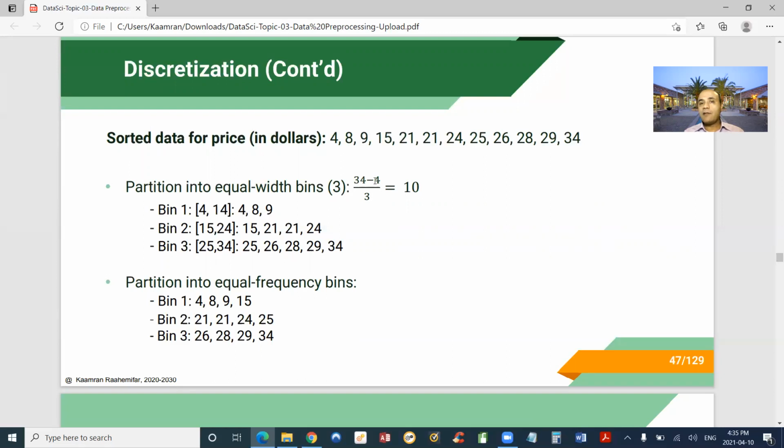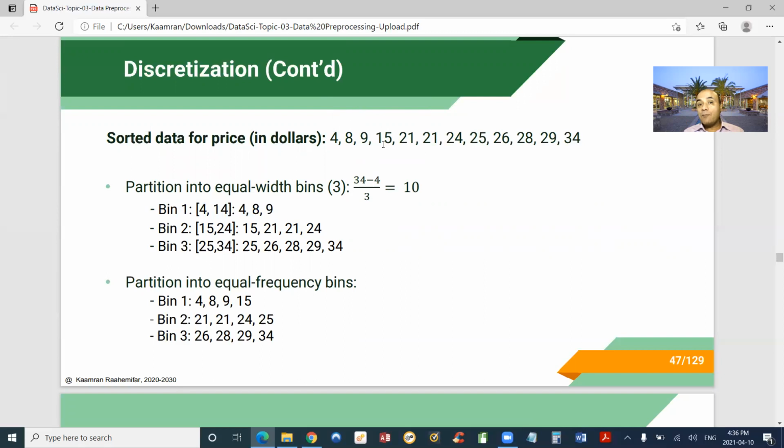So 34 minus 4 divided by 3, that's 10. The way I'm going to do it is simple. I'm going to start from 4. 4 plus 10, 14. So anything from 4 to 14, I'm going to write in this first bin.